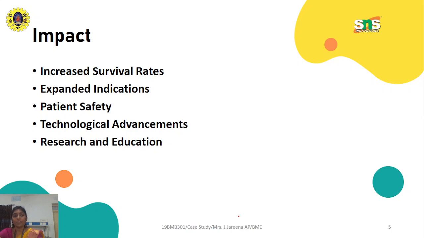So that is the expanded indication. Then patient safety. When operating on a working heart, patient safety is in question, because if a slight mistake occurs during surgery, it will affect other organs and other vital functions of the body. So that is patient safety.